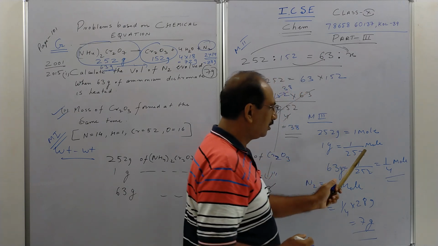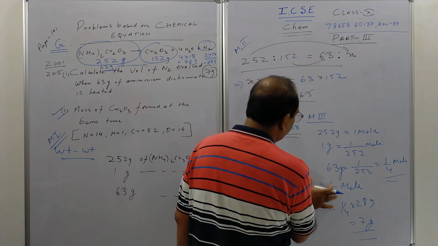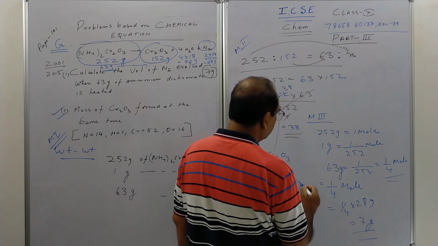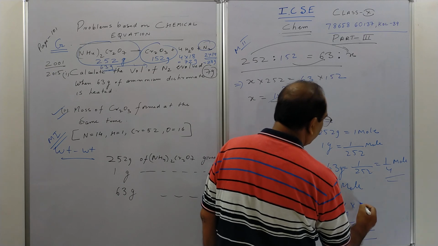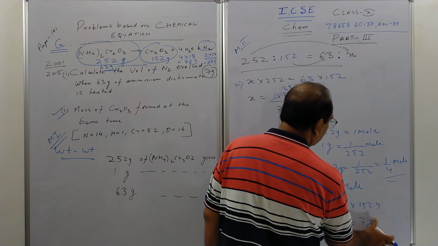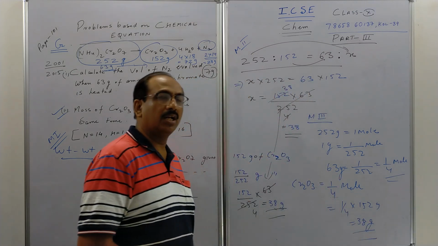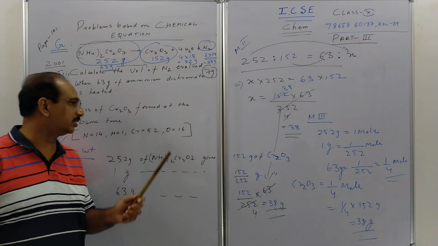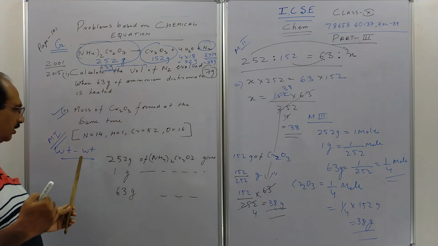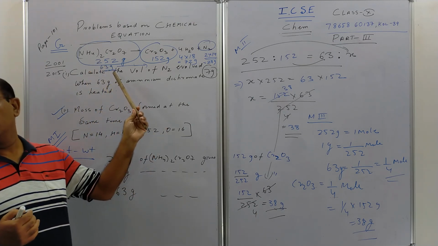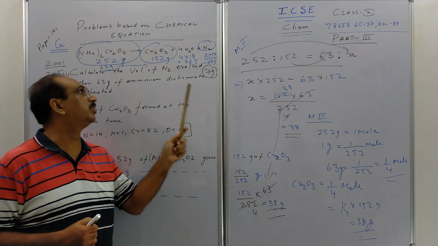So third method also, if you see, 252 gram is 1 mole, 63 gram is 1/4 mole. So 1/4 mole of chromic oxide will be 1/4 of 152 gram. You will get 38 gram. So once more children, I was talking about mass relationship. This side we take mass, 252. See, first relationship comes by the equation, balanced chemical equation. 252 grams gives you 152 gram.